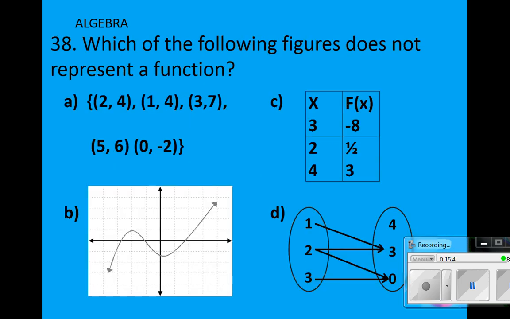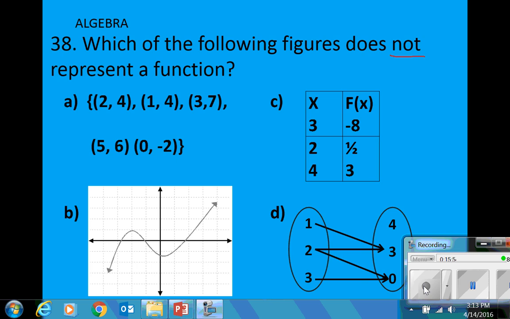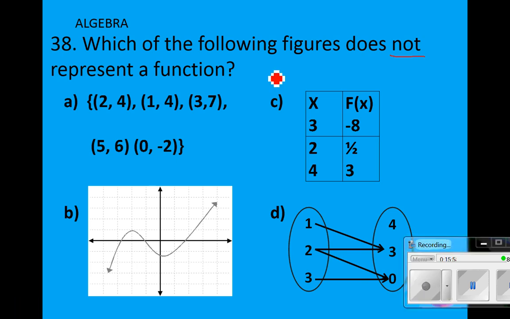Question 38. Which of the following figures does not represent a function? A function is when the x does not repeat. And the easiest way to look is to go to each answer choice.